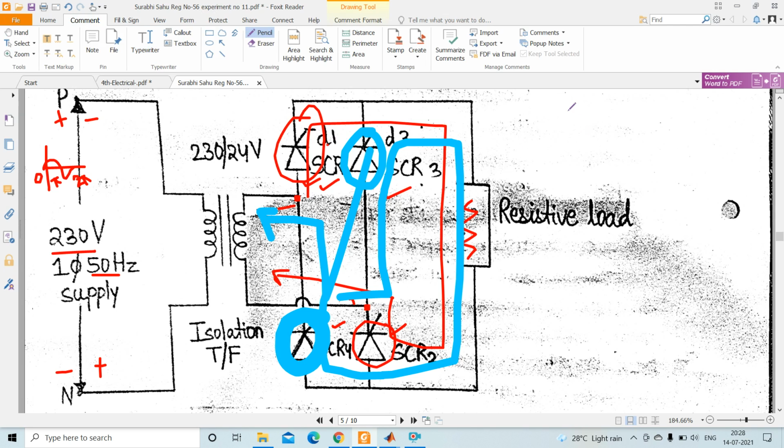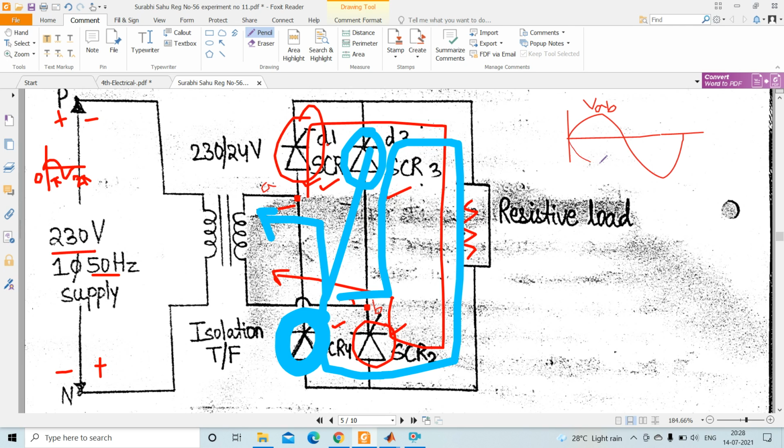So like this you get the output. See, this is the supply waveform. If I name this point as A and this point as B, then in the first half cycle the voltage is VAB.